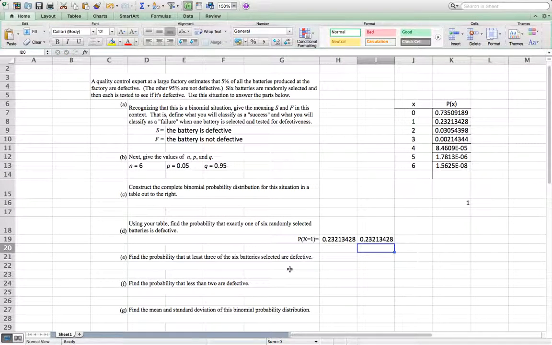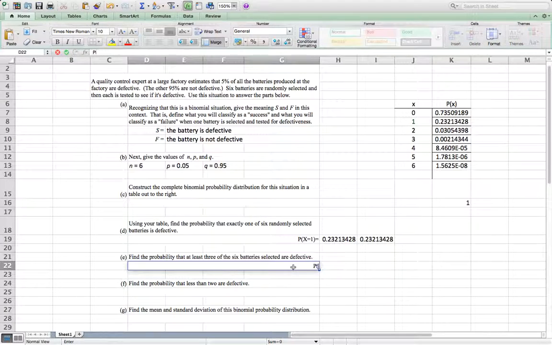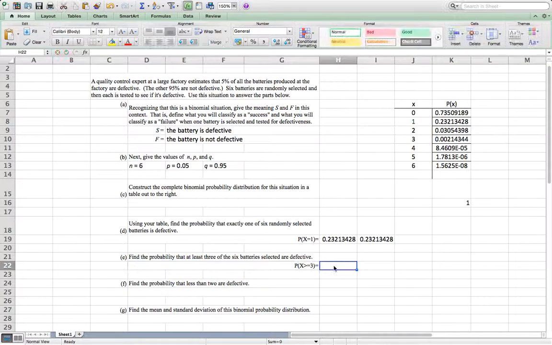Find the probability that at least 3 of 6 batteries selected are defective. So I need to find P(x at least 3), which means x greater than 2, or you can say x greater than or equal to 3. I have two ways to do this.